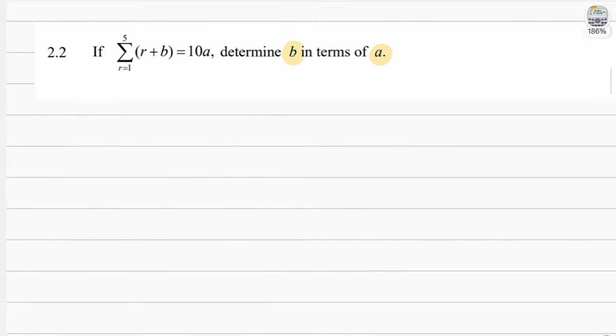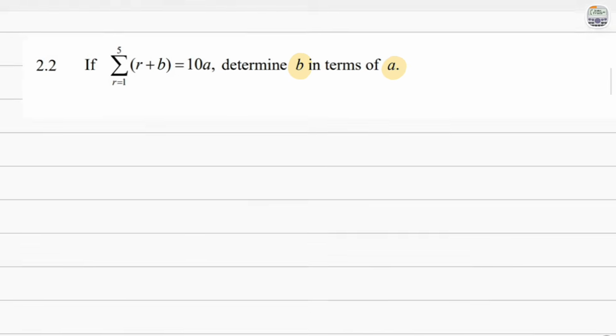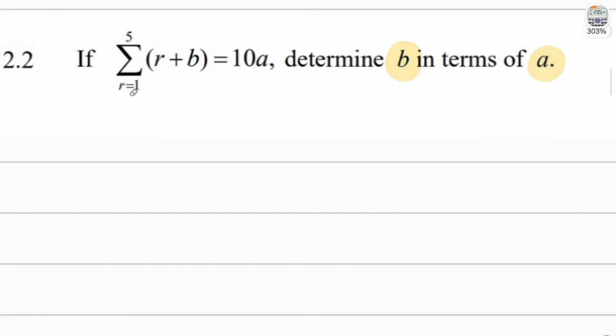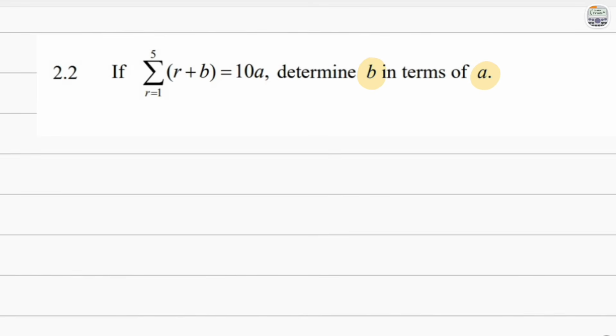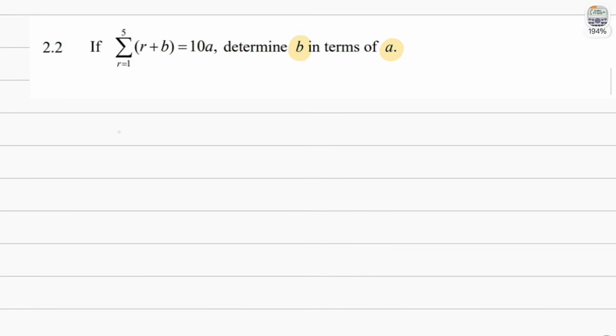So let's expand. With expanding, I just need two things from this. This is an arithmetic pattern, because you're just saying r plus b. When r is equal to 1, that's 1 plus b. When r is equal to 2, that's 2 plus b. So it's arithmetic. We just keep adding 1 to the previous term.